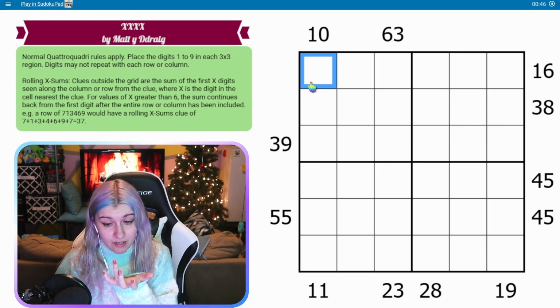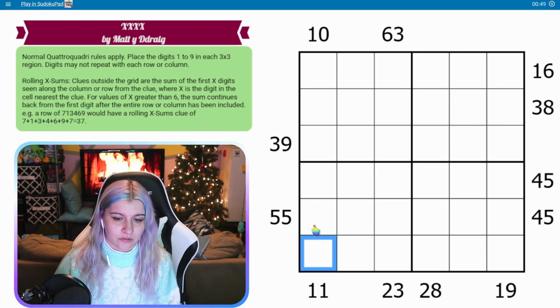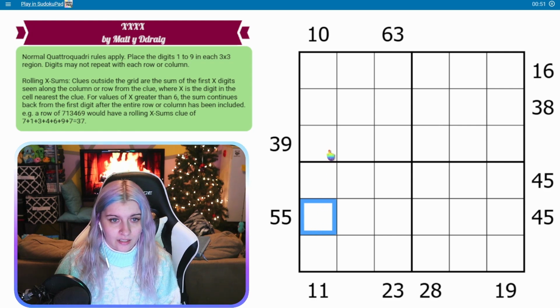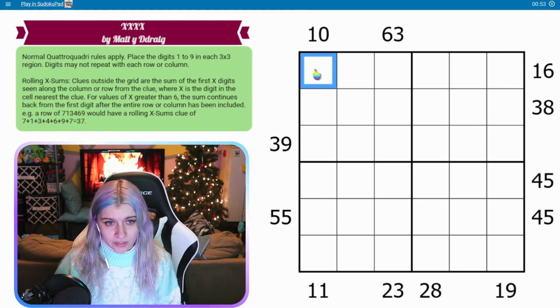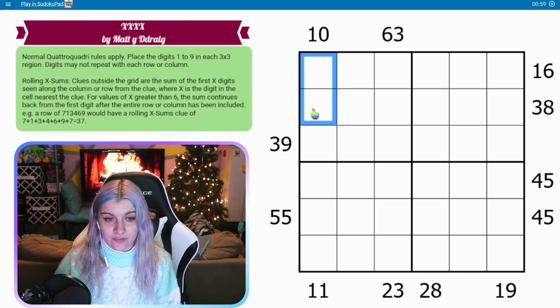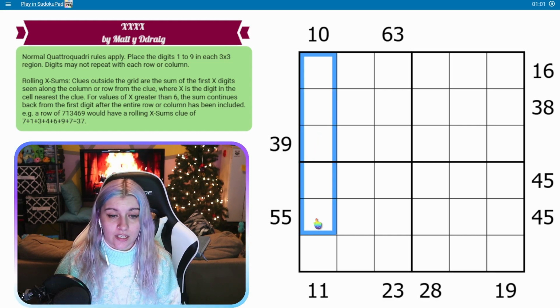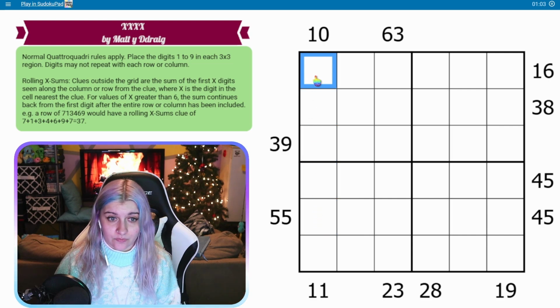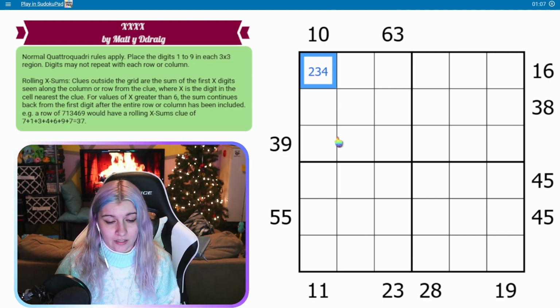A 2 is possible up to 11. I could do 2 and 9. I could use a 3 for 10. I could use a 4 for 10. I could do 1, 2, 3, 4. I can't use a 5. The smallest that 5 different digits can be is 15. So this is going to be 1, 2, 3, 4. It actually can't be a 1. So I'm going to have 2, 3, 4.